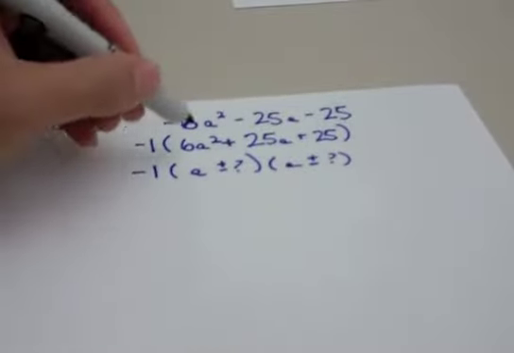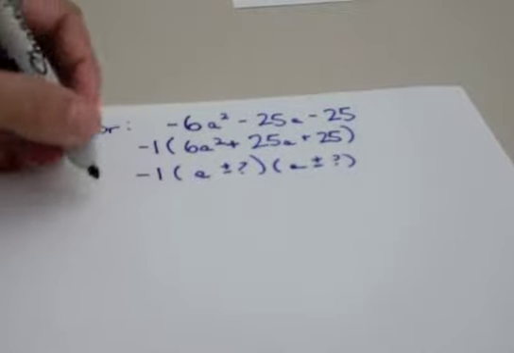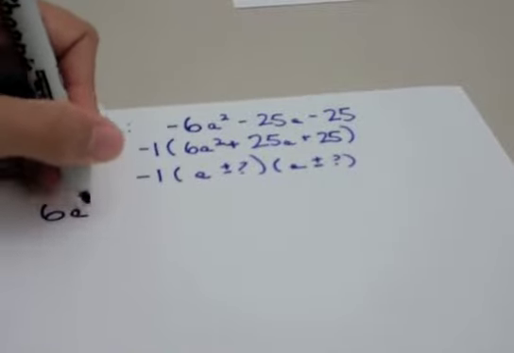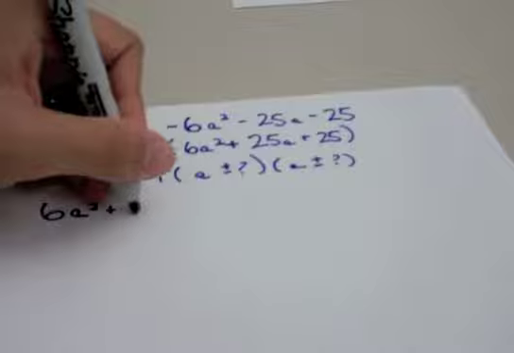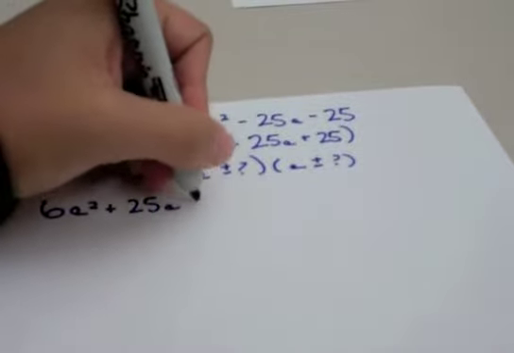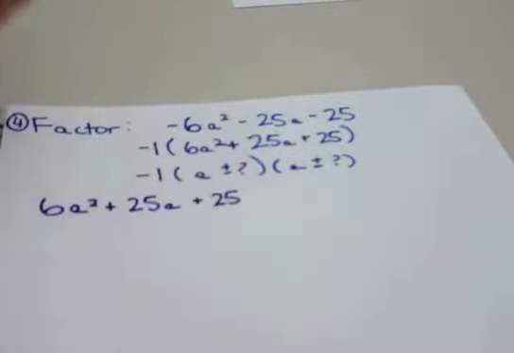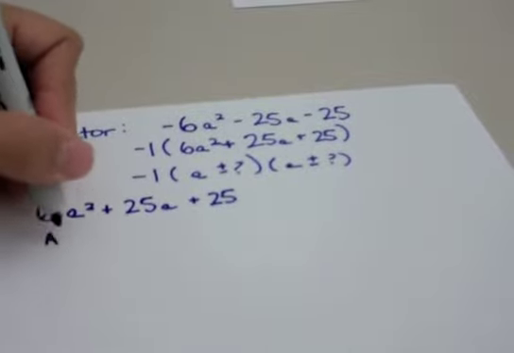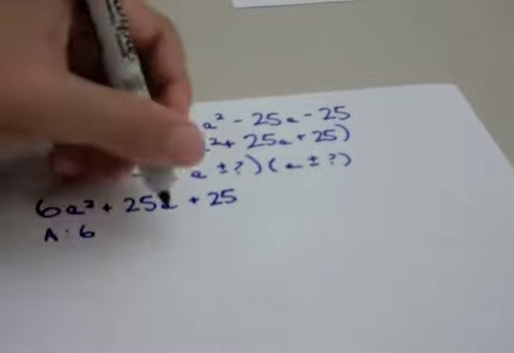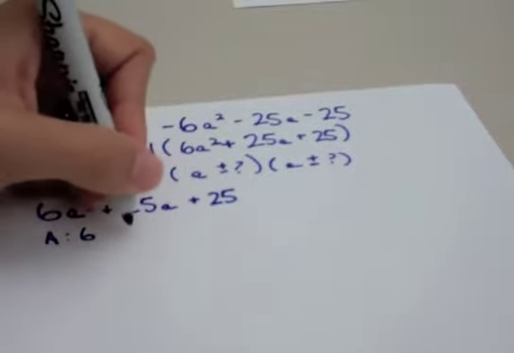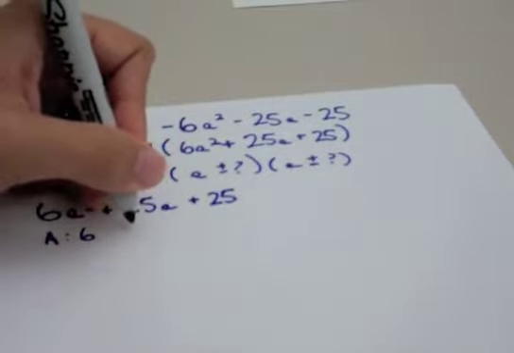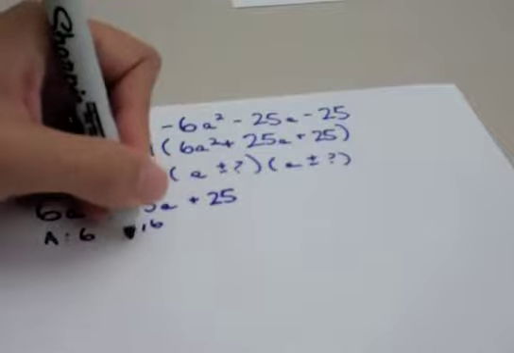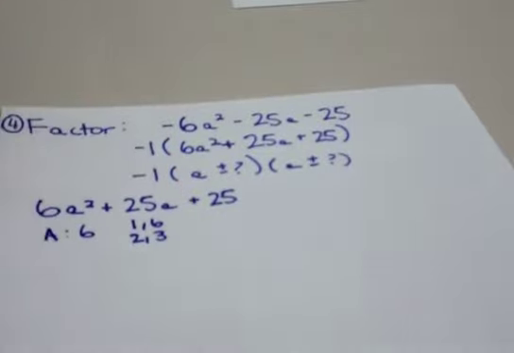So let's just look at it in terms of this problem here, which is 6a squared plus 25a plus 25. Our a value is 6. So we have factors of 1 and 6, as well as 2 and 3.